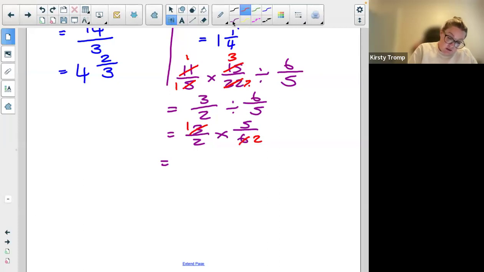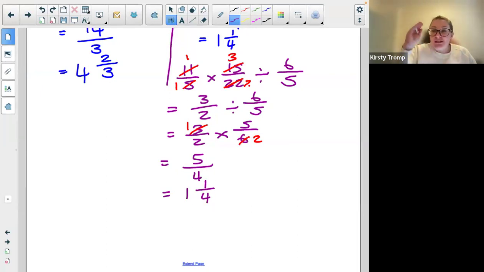So 1 times 5 is 5, 2 times 2 is 4, and my final answer is 1 and 1 over 4. Exactly the same answer, just doing it in a few more steps. Nothing wrong with doing it in a few more steps.